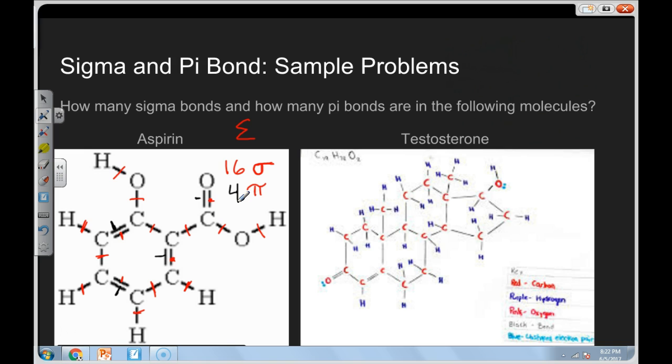I didn't mean for it to be this blurry, but this testosterone, a big, yucky organic molecule, has only 2 pi bonds. The rest, however many other bonds there are, are sigma bonds. You could go through and count them, but I think it's futile. But you get the idea.